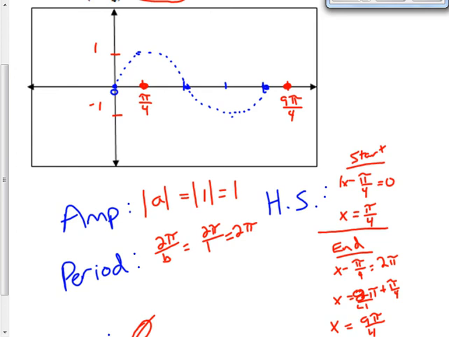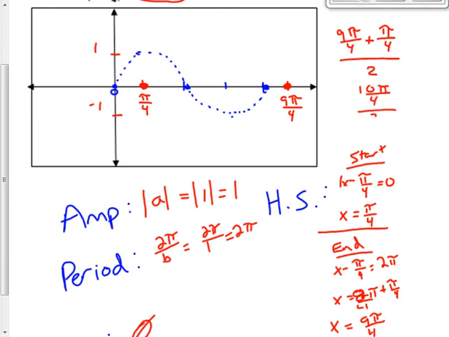So let's continue with the red one. We want to find halfway in between 9 pi over 4 and pi over 4. Well, again, I can find halfway in between there by doing 9 pi over 4 plus pi over 4 and then dividing that by 2. So I get 10 pi over 4.